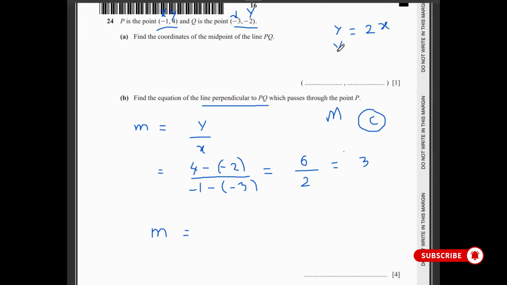Can you remember? So the gradient of the given line is 2 and the gradient of the perpendicular line is the negative reciprocal of that. Now the gradient of the given line PQ is 3. I should write the gradient of the line perpendicular to that.